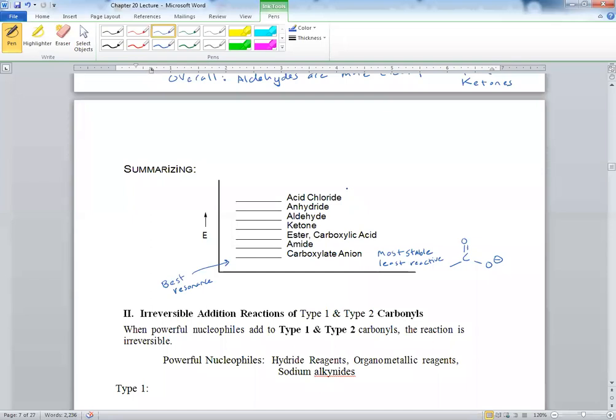Acid chloride would be the least stable, most reactive. And what's happening here is you have a strong inductive effect, but weak resonance.